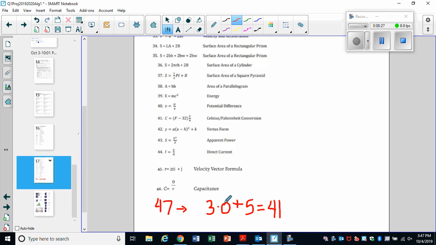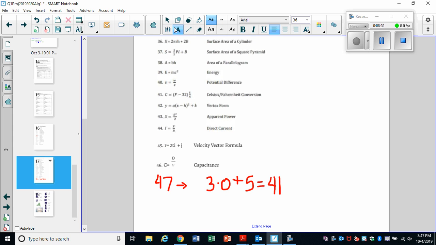So this right here is a letter O, not a 0. In fact, let me specify.